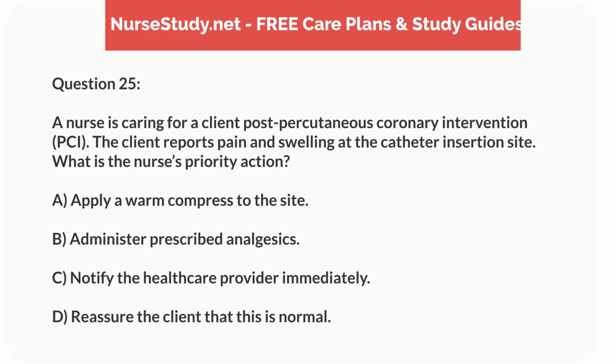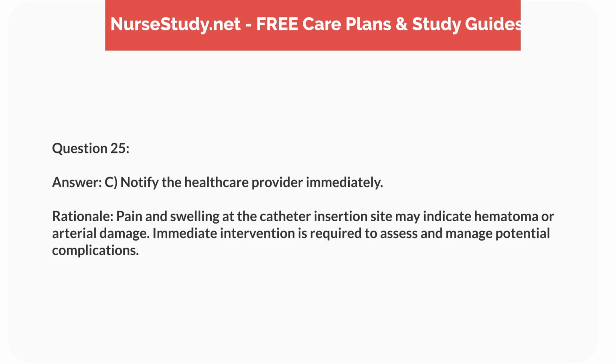C. Notify the healthcare provider immediately. D. Reassure the client that this is normal. Answer, C. Notify the healthcare provider immediately. Rationale: pain and swelling at the catheter insertion site may indicate hematoma or arterial damage. Immediate intervention is required to assess and manage potential complications.